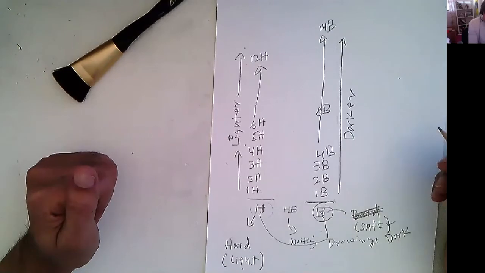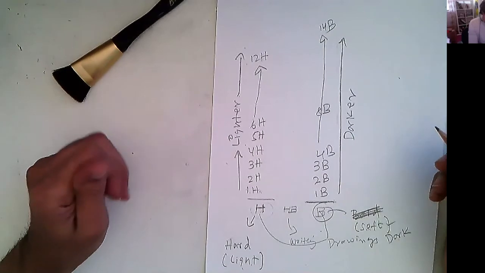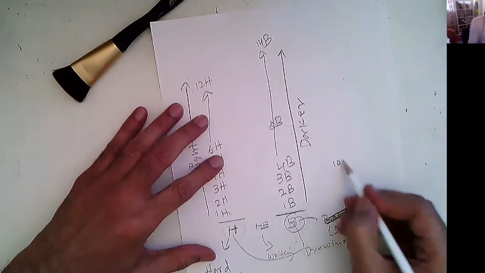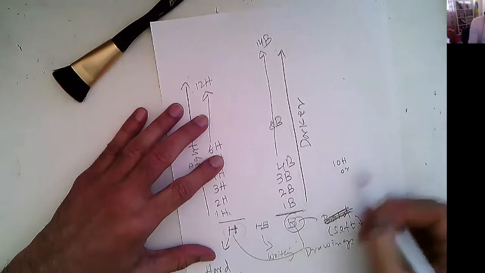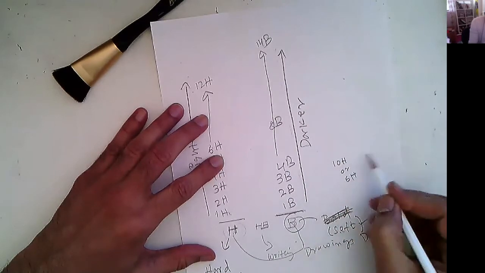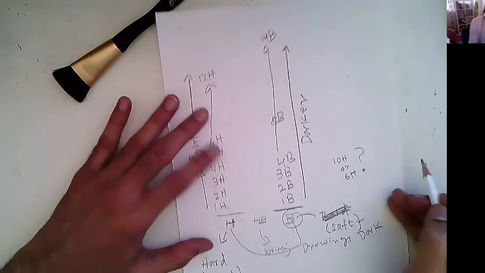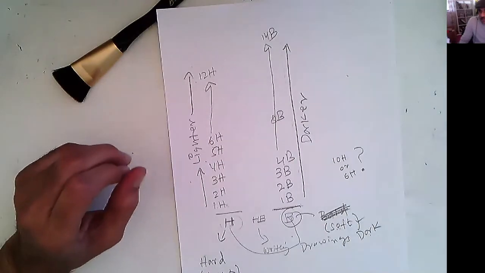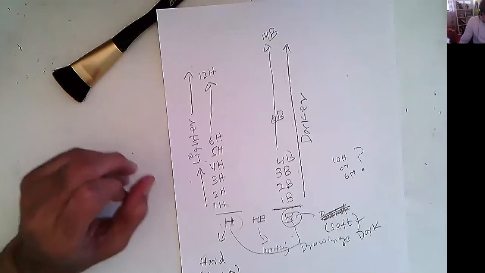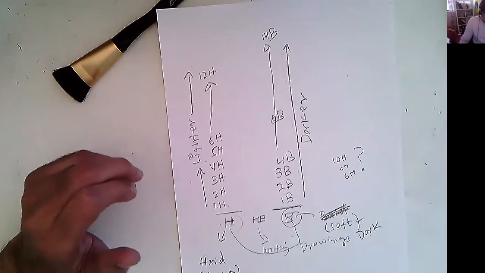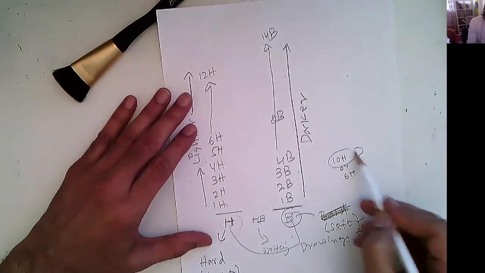Which one is lighter, 10H or 6H? Which one is lighter? Great. Most of you say 10H and a couple say 6H. The answer is 10H.